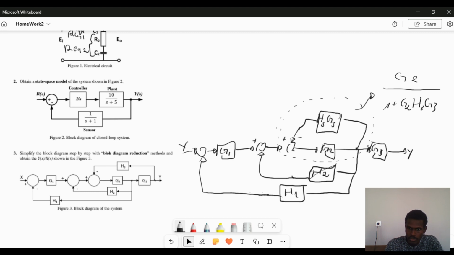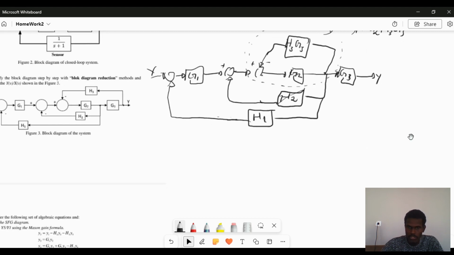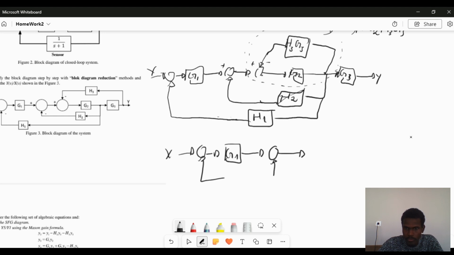So we can redraw this again. We can find it like G2 divided by 1 plus G2 G3 H3.